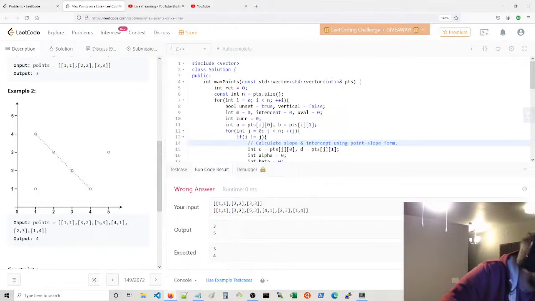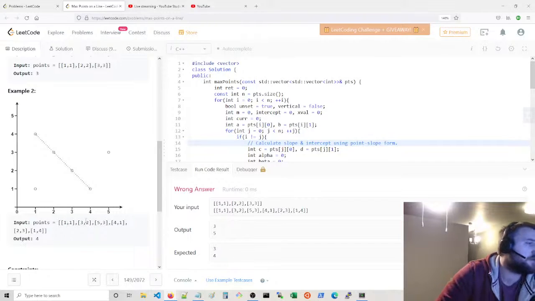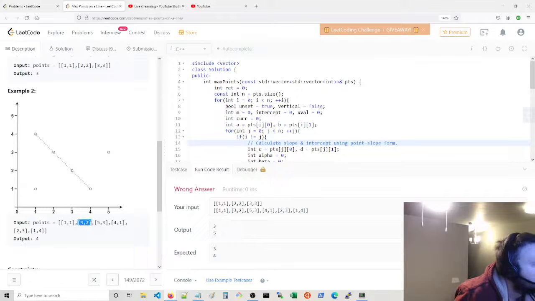You look at 5, 3, and so you say 1, 1, and look at the other points. 1, 1 to 3, 2, and no other points are on that line. Then you say 3, 2 to 1, 1. So I is 1, 1, you go through all the J's. Then I is 3, 2, you go through all the J's again. So you go 3, 2 back to 1, 1 again, do the same routine.